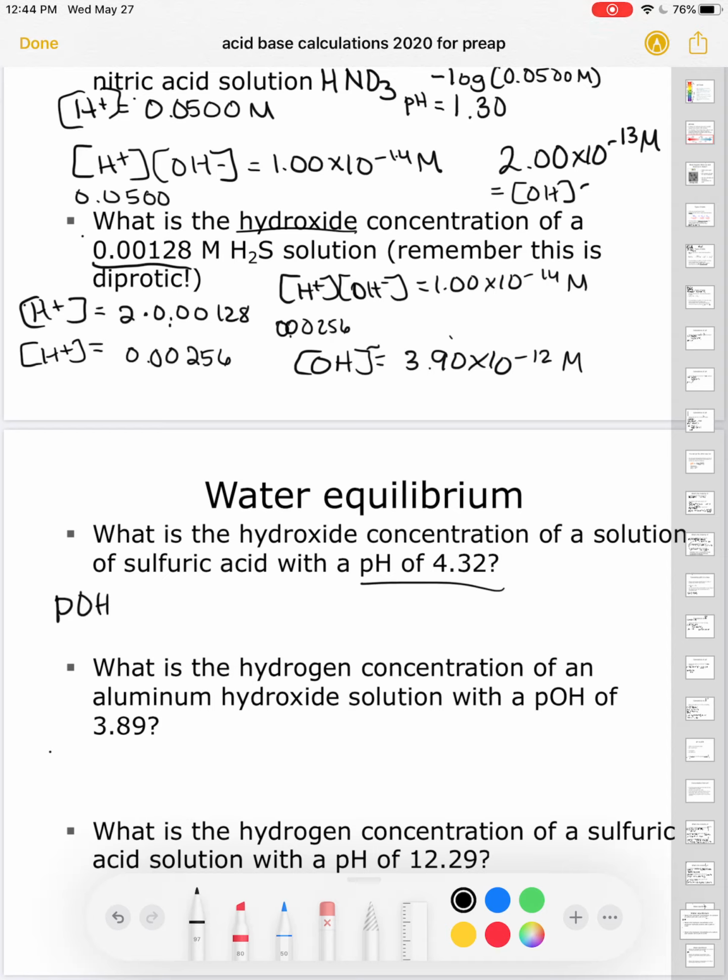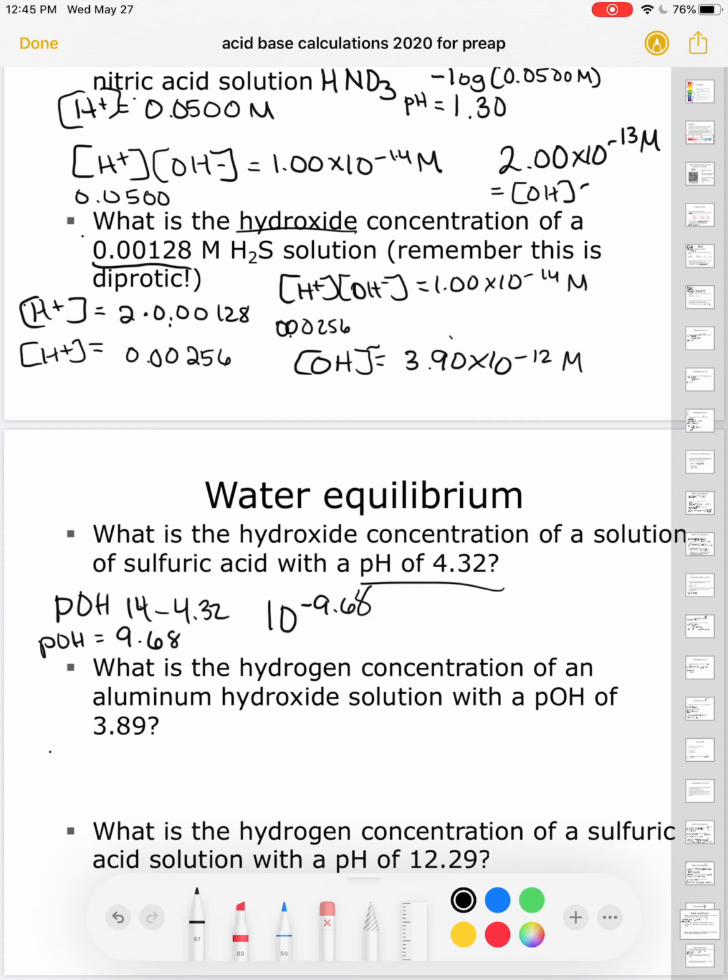My pOH would just be 14 minus 4.32. That gets me 9.68. And so if I want to get my hydroxide concentration, it would be 10 raised to the negative pOH, 9.68.